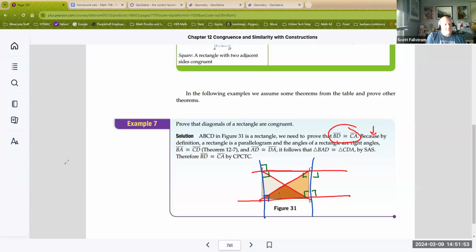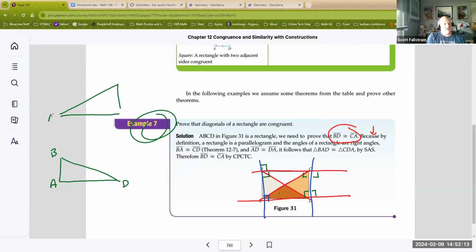Then, and this is where I'm going to give you a tip. The reason I did this example 7 is the tip: there will be times where it will be easier for you if you draw two versions of the picture. Here's BAD, and right above it, I draw the other portion, which would be ADC. The reason I'm going to do that is I want to label the pieces.